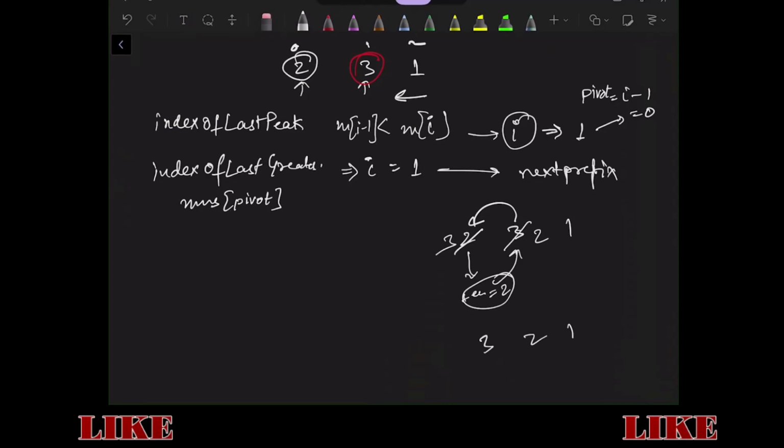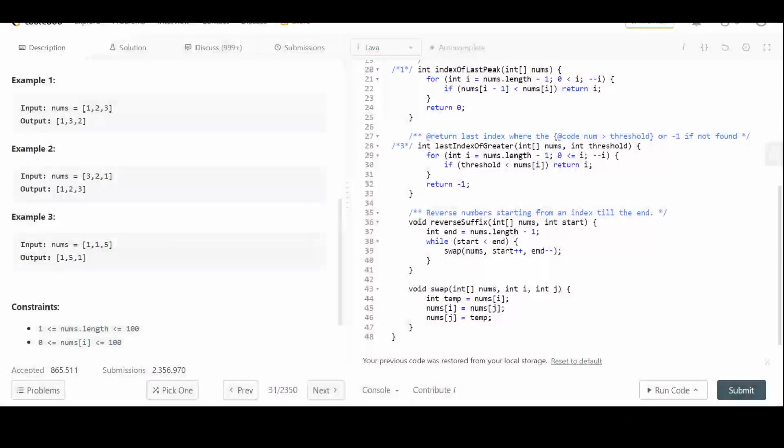Now after the swap we are going to reverse the suffix from pivot plus 1. Let me show you. This is the function for reverse suffix. It takes nums and the start index, and it will reverse the numbers starting from that index till the end.